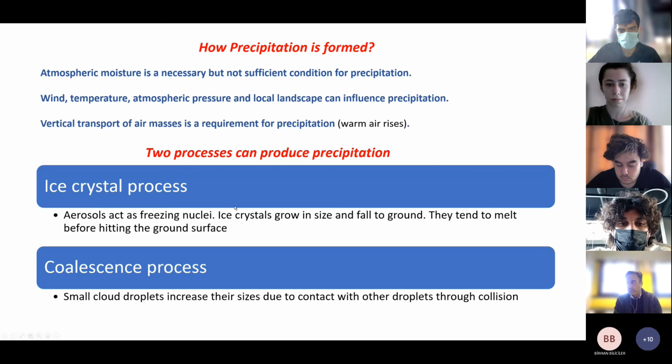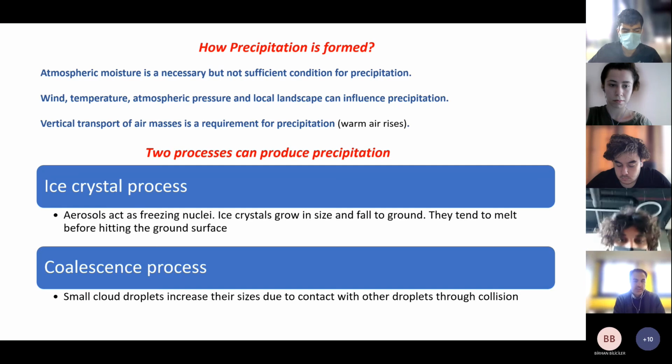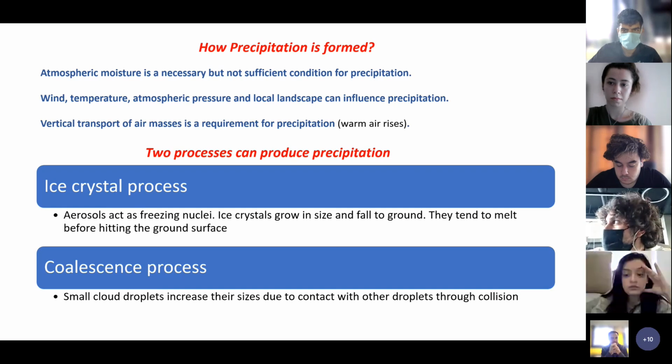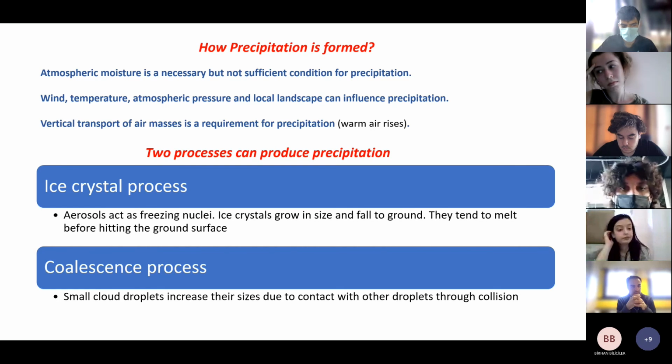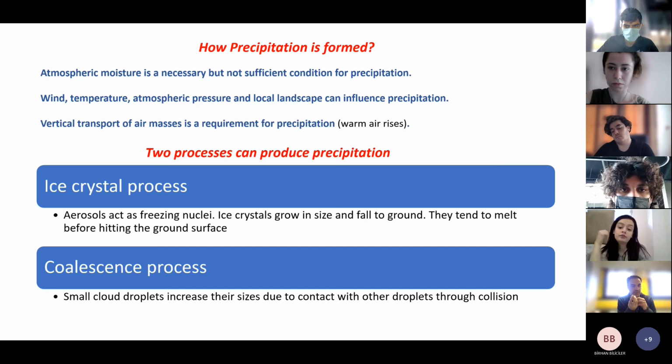The second type of precipitation, which is called the cold rain process, is when condensation happens, and due to condensation, gas, water vapor, gets cold and becomes liquid, and this liquid comes down, but this is still within the cloud, okay?